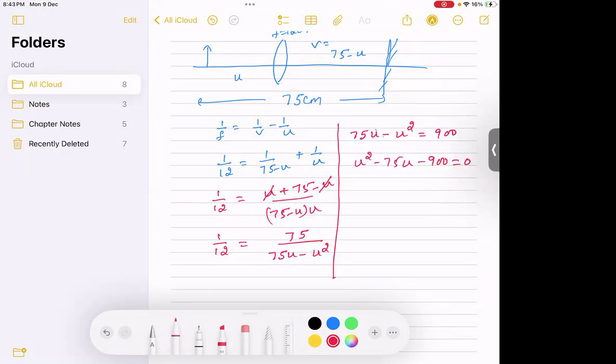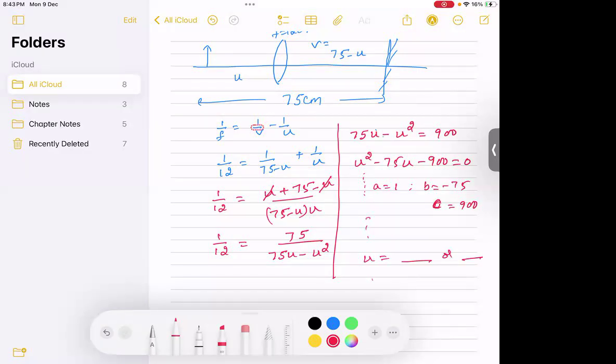Now this is a quadratic equation, students. By using the formula method, can you solve this? And finally, you will get two values for u. So based on that, you can choose the option.